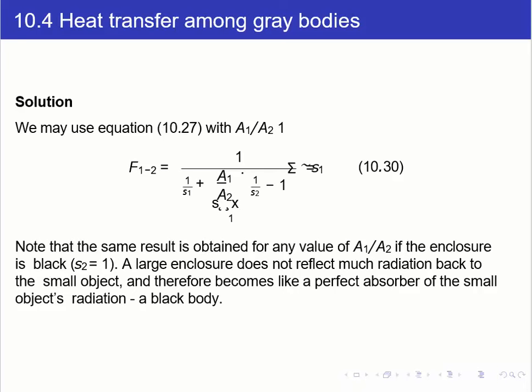Note that the same result is obtained for any value of A1 by A2 if the enclosure is black, or S2 is equal to 1. The large enclosure does not reflect much radiation back to the small object and therefore becomes like a perfect absorber, so the small object radiates as a black body.